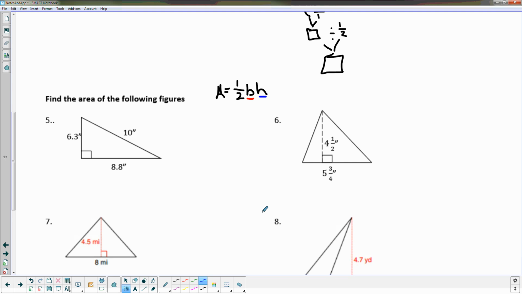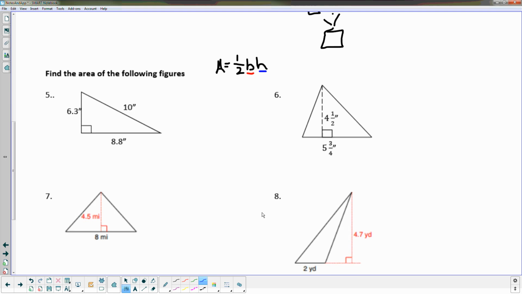So if you don't have that, you can't use it. Thankfully, all the numbers that we give you here are set up for that. I look at pretty traditional looks at base and height. I can consider all of my horizontal sides here to be my bases.